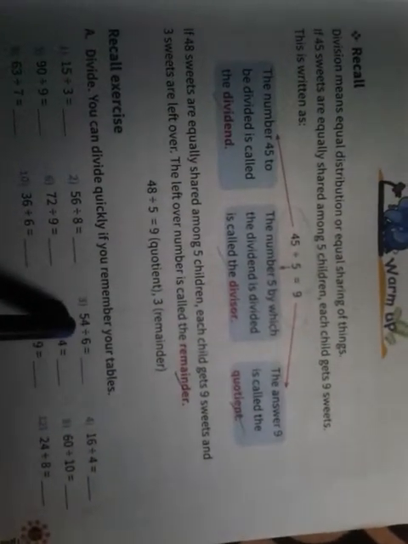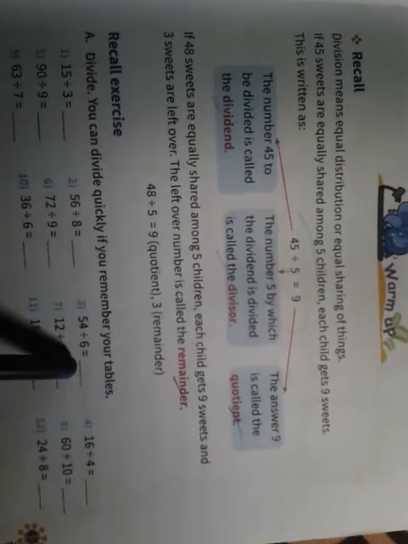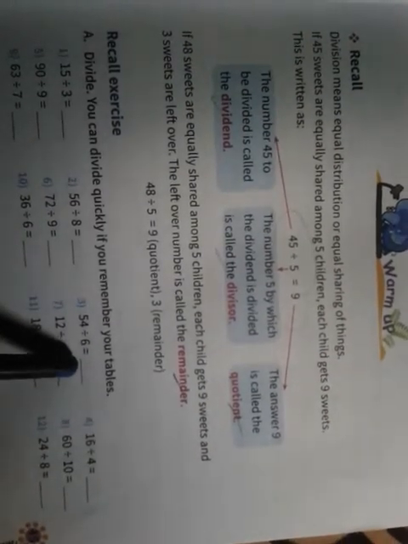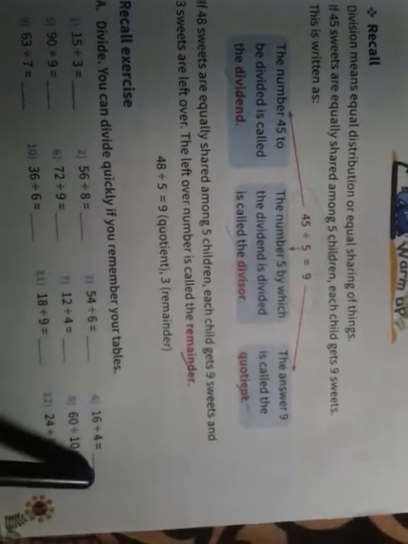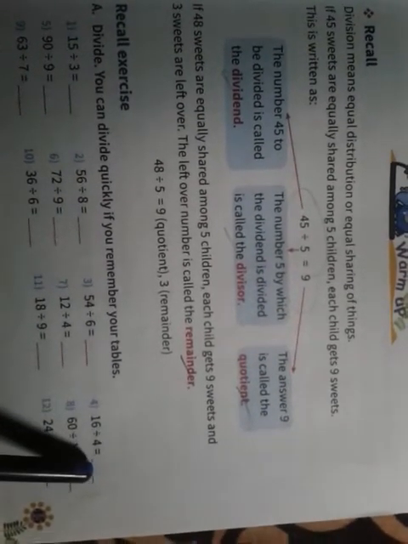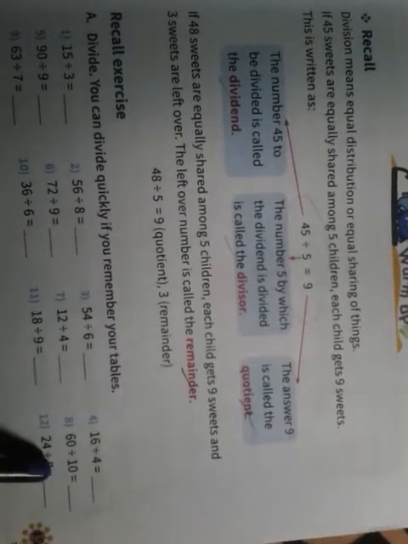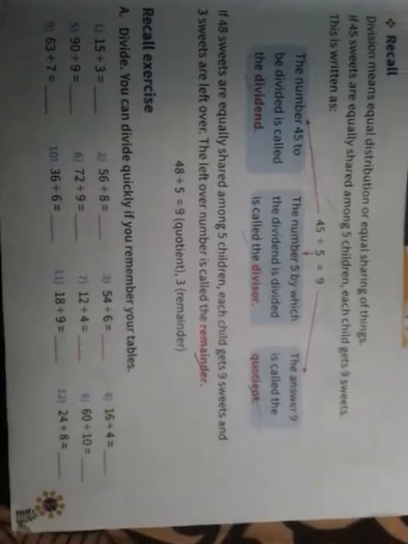It comes 7 times, isn't it? Sorry, it is 9 times. 16 divided by 4, the answer is 4. So like this you have to solve all the questions in your copy.